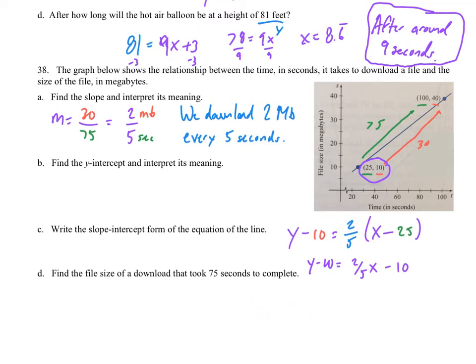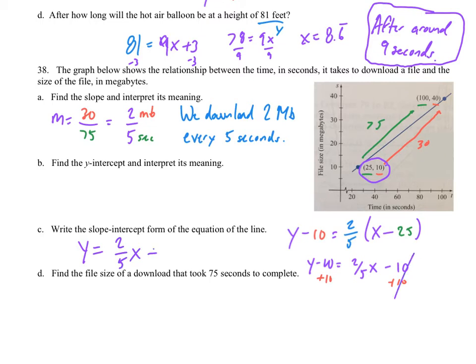And then getting that y by itself by adding 10 to both sides. So we end up with y equals 2/5 x, because the 10s cancel each other.